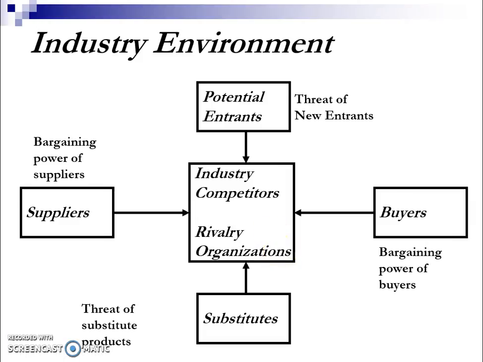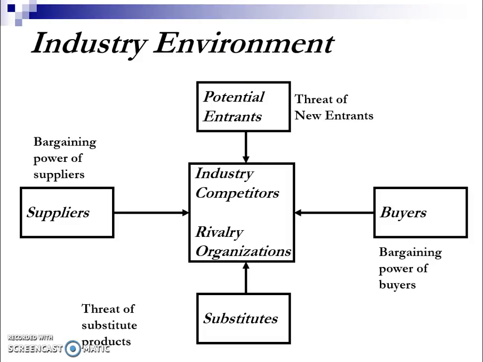Now this is an important component of the external environment because this can be evaluated. Though it is uncontrollable, at least an organization can take an audit and note of these threats.